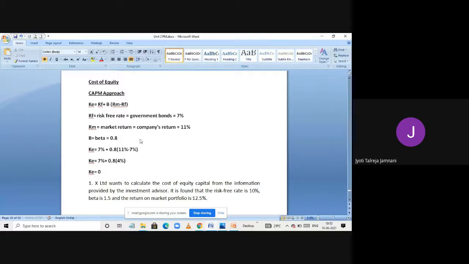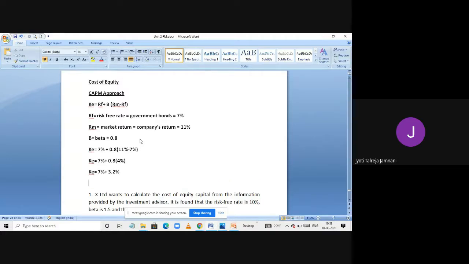Directly, don't convert it to decimals. 80% of 4 is... 3.2, ma'am. That's what I'm telling you, do 0.8 into 4. Don't convert it to decimals. Don't do 4 divided by 100. Okay, 3.2, ma'am. Okay. So 3.2%.